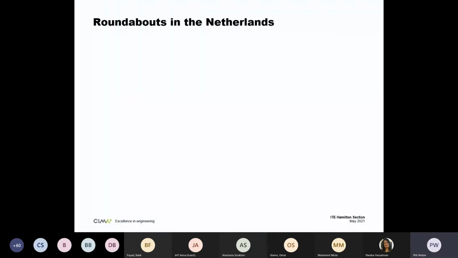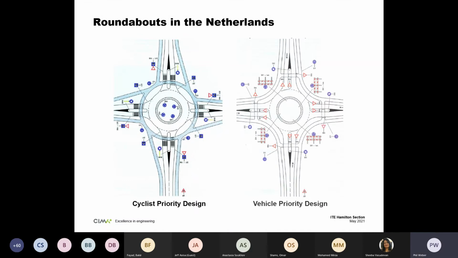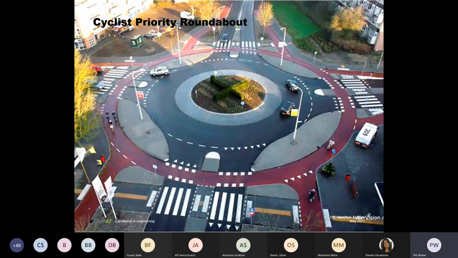Roundabout design in the Netherlands. They have two types, again, two types. One is called the cyclist priority design, and one is called the vehicle priority design, or the non-cyclist priority design. And they both have some differences. Here's the cyclist priority design, or the cyclist priority roundabout.